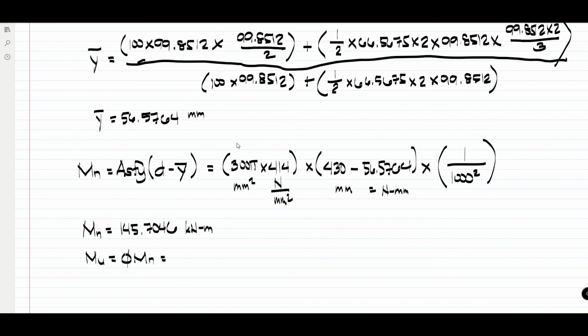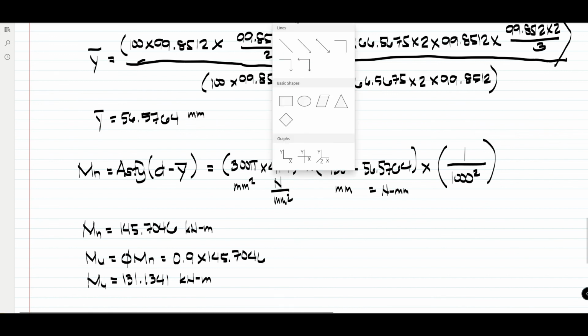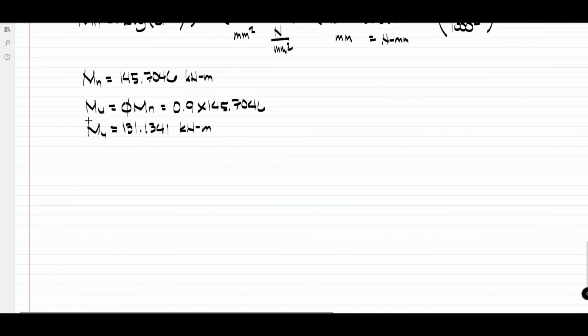So, our reduction factor is 0.9 times 145.7046. So, our Mu for this problem will be 131.1341 kilonewton meter. Ito na ngayon yung ating ultimate moment capacity na hinahanap.